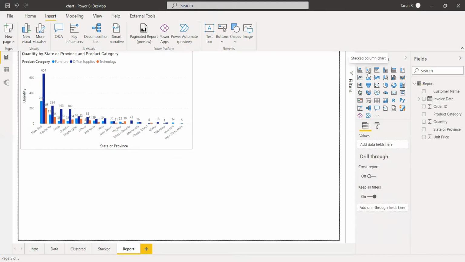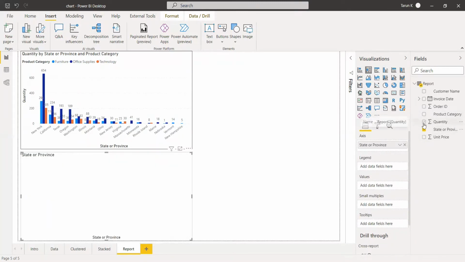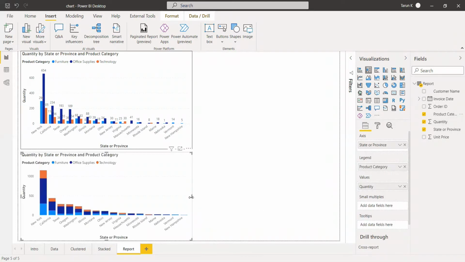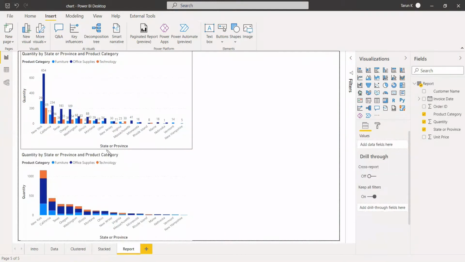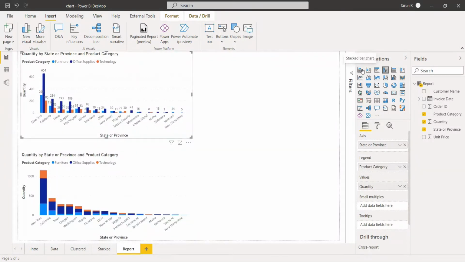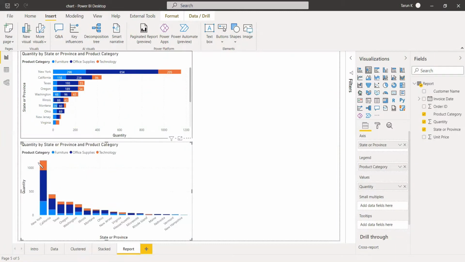Now we can take the stack chart and see. Stack chart, the same thing, state. We can check the quantity with respect to the state and the product category. So here what we see is a different kind of chart, where we can easily find out the difference between the state, but it is difficult to find out the difference between the product.